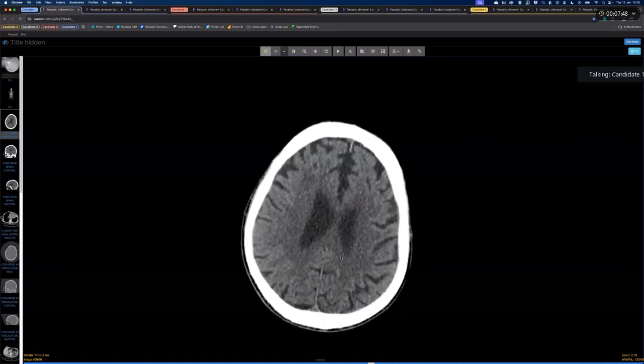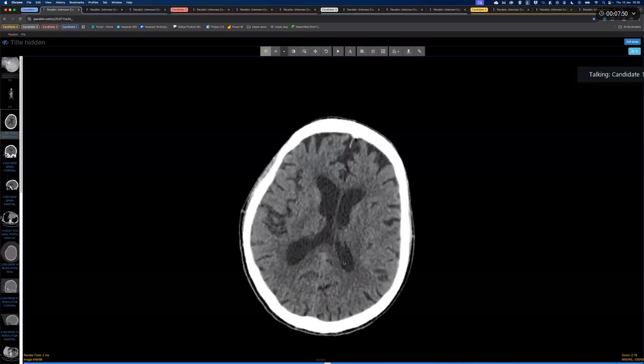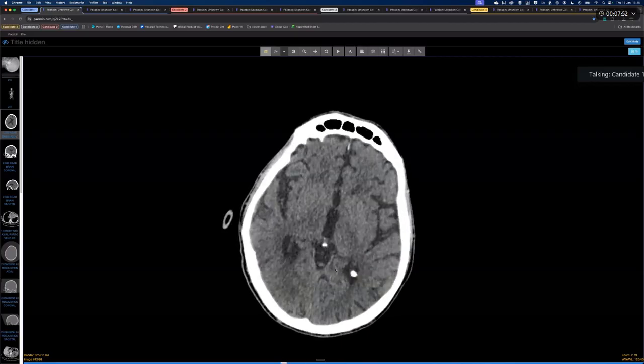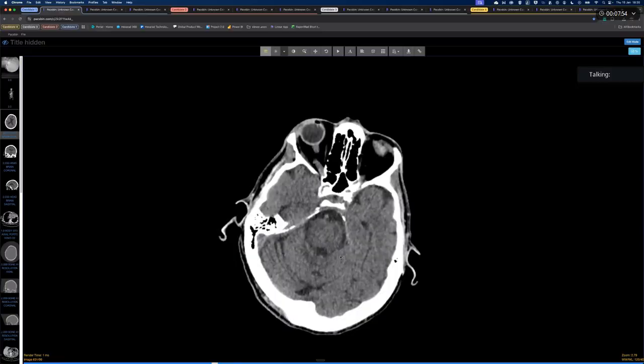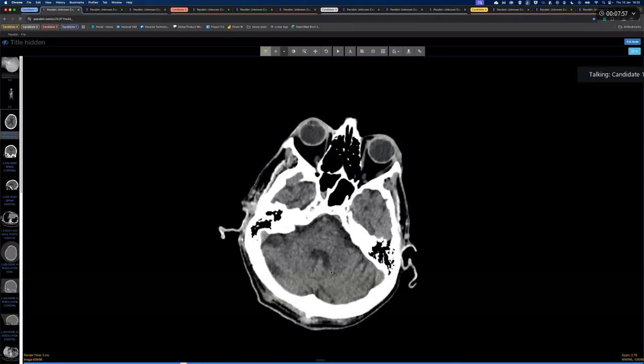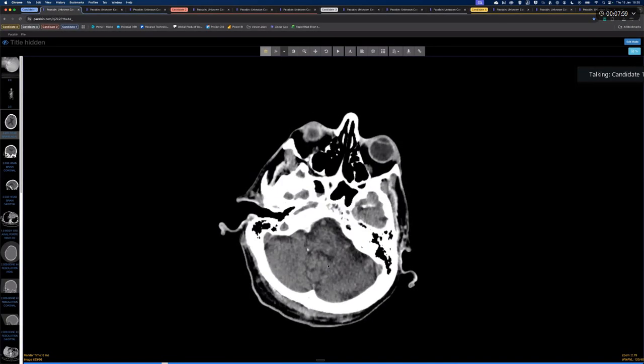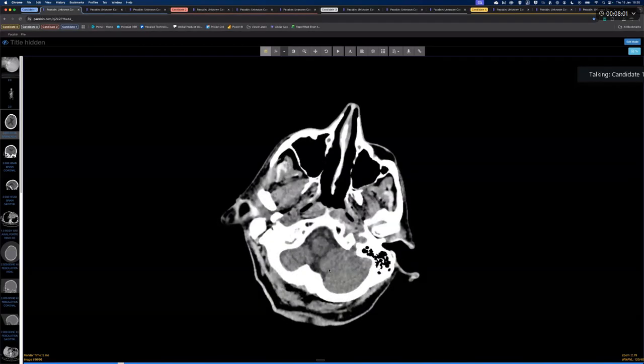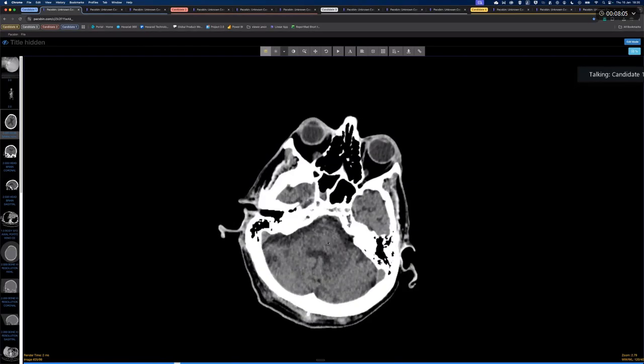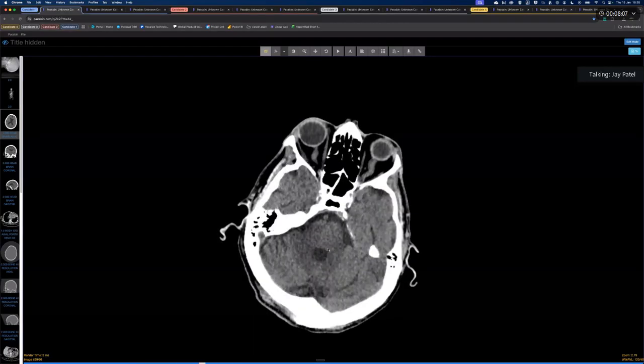Given the clinical presentation and the radiological features, and the age, I'm concerned, and this hypodensity over here could be representing a, it's unlikely to be infarction or. Why would you say that?